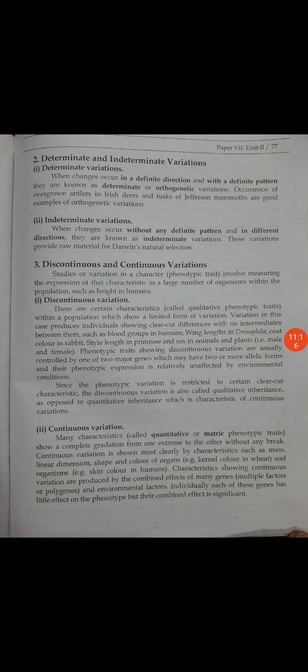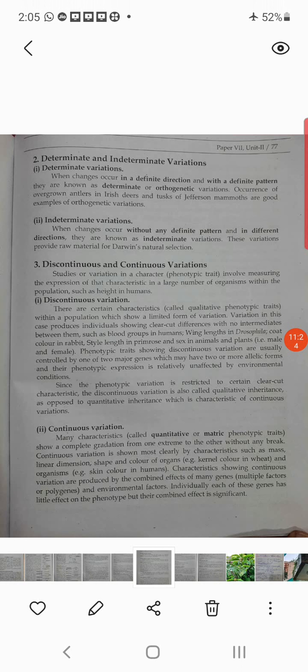Continuous variation: many characteristics show a complete gradation from one extreme to the other without any break. Continuous variation is shown most clearly by characteristics such as mass, linear dimension, shape and color of organs, that is kernel color in wheat, and skin color in humans.